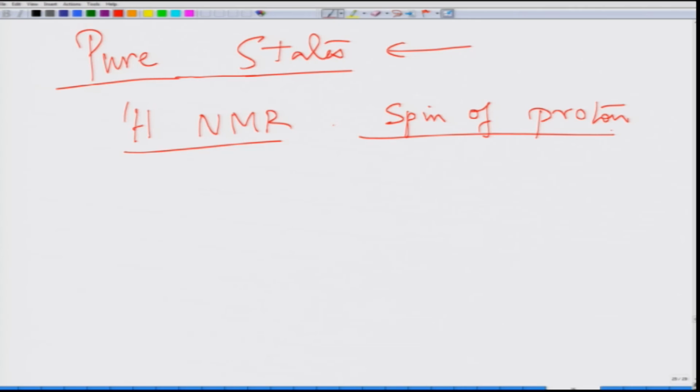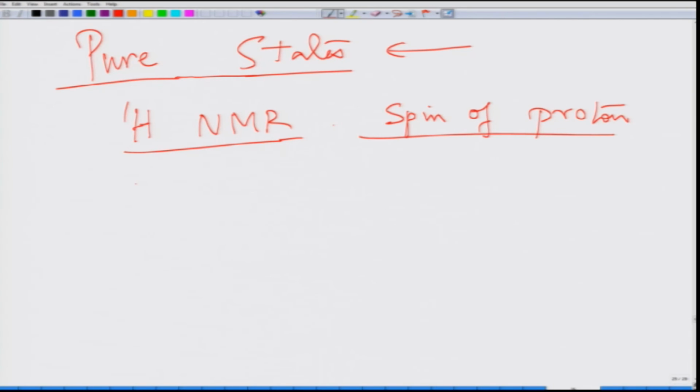Now this is not for one proton. There are many protons which are available, and if you have a condition where the spin of all the protons can be represented by something, then that is the condition where you have the pure state. But that is actually not true.